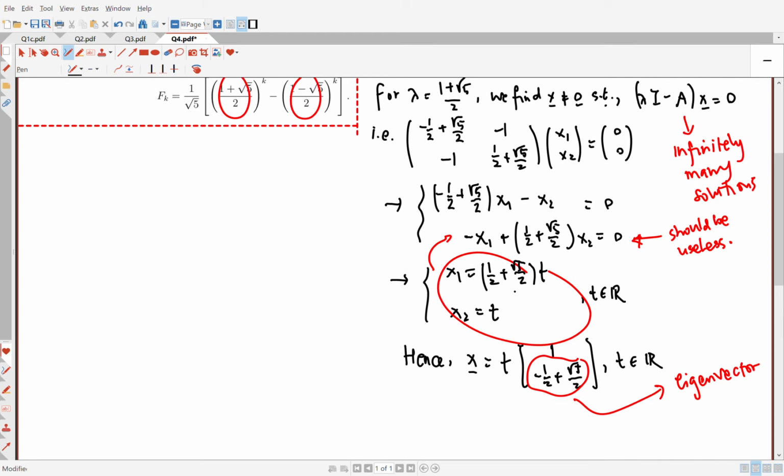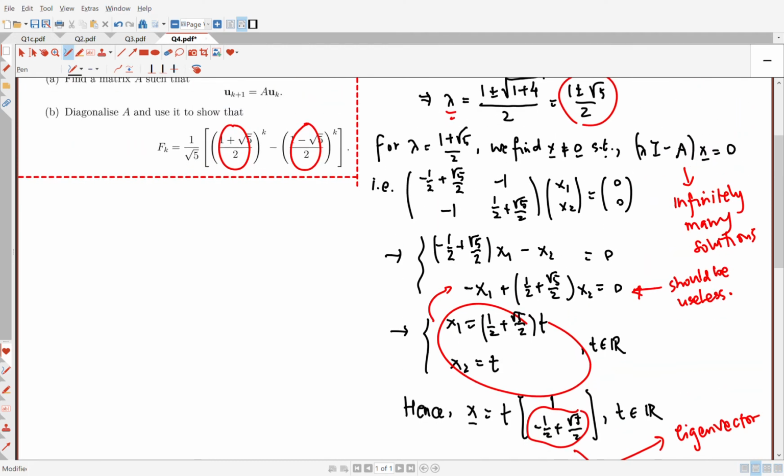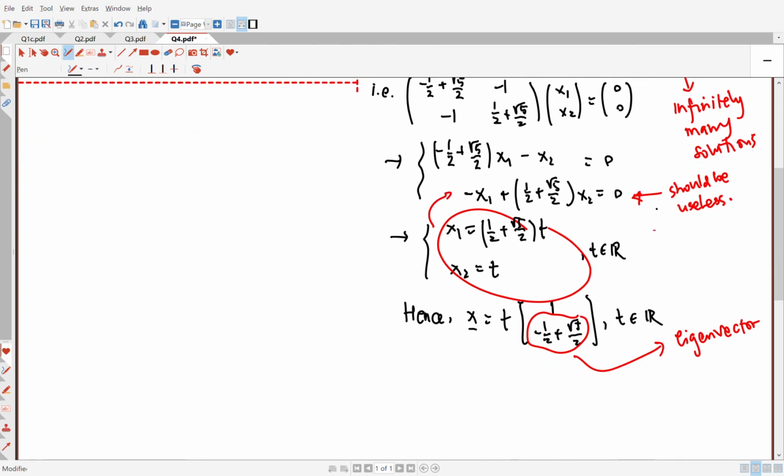You can check yourself. If you substitute this into the first equation, it should work also. So now you see this number appears here. Okay, maybe this is better, I don't know. Let's just try. So I have half plus square root 5 over 2. This is 1.